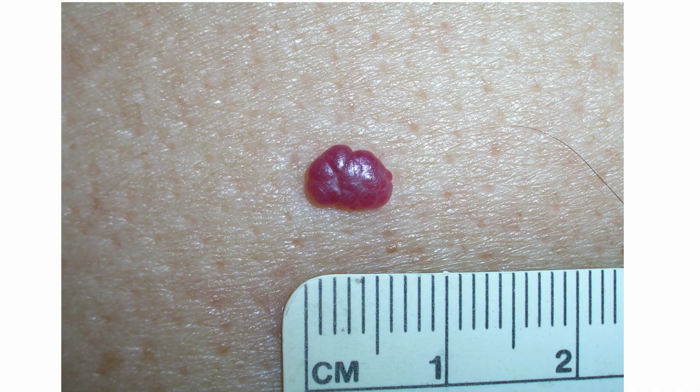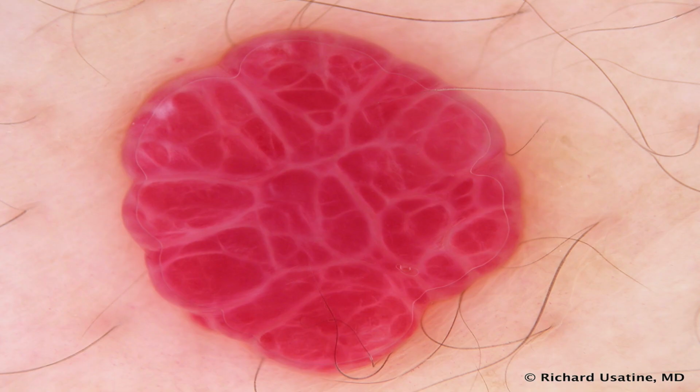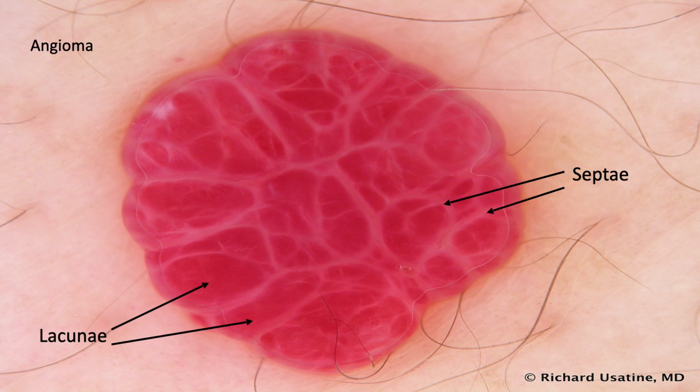Our first case is a patient with this on the skin. And when we look at it with dermoscopy, we see lacunae and septae, and that is the pattern of an angioma.